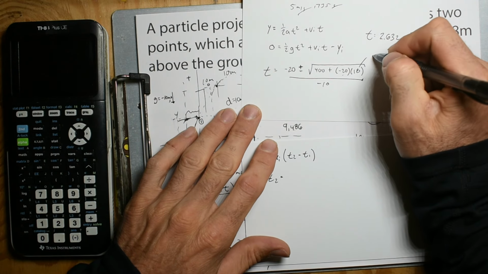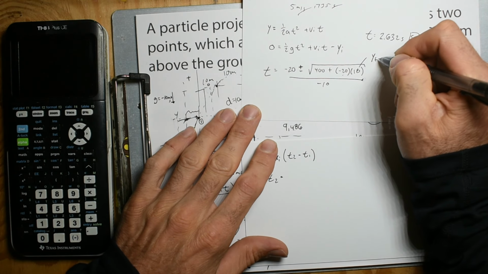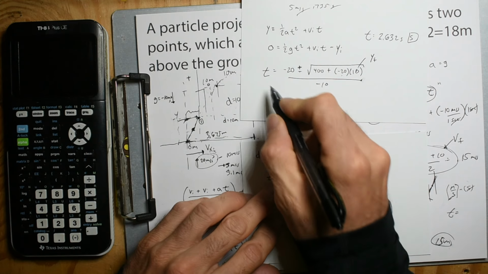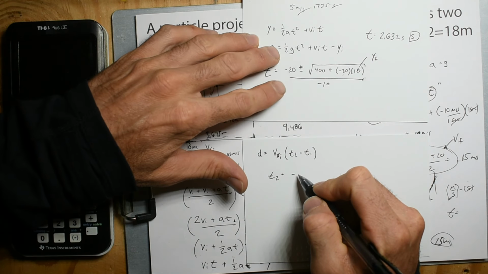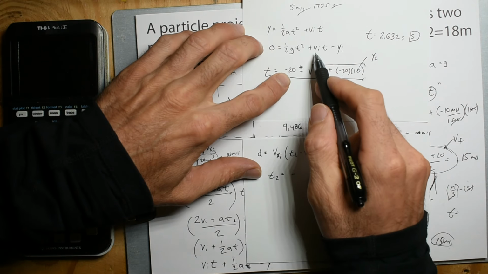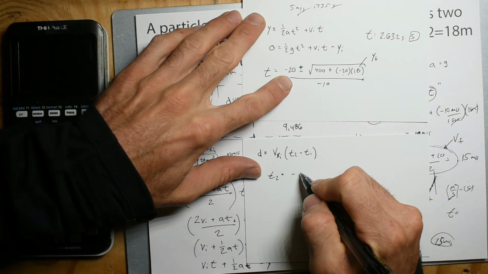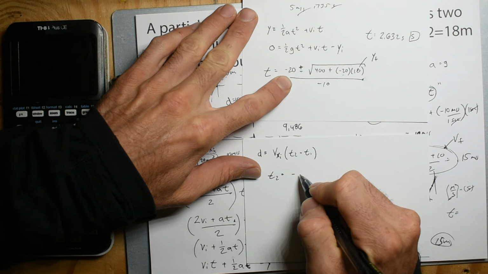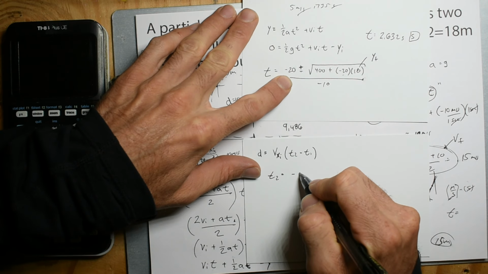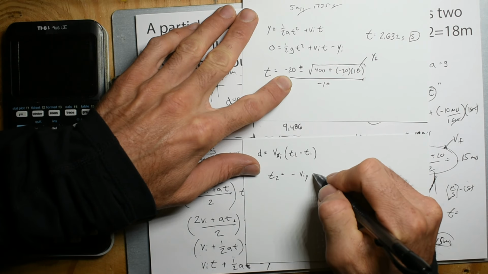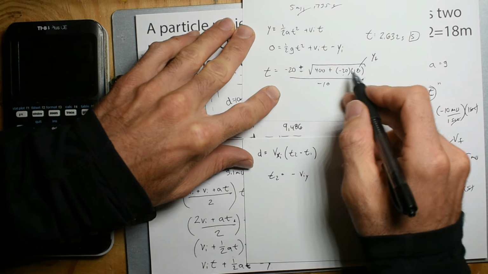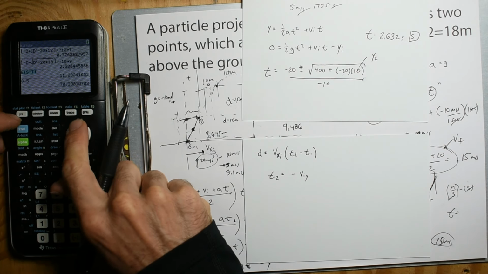Yeah, so that's the height, y final. So there you go. T2 is going to be negative, this is b squared, so it's going to be negative the velocity initial in the y direction, and T2 was going to be the negative root, right?